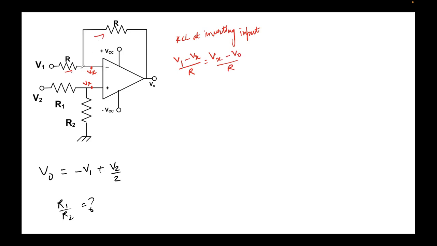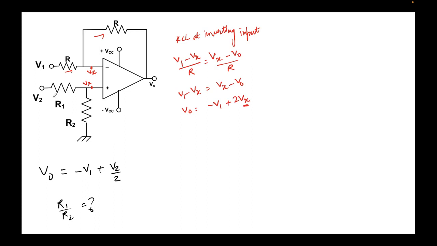So all the current that is coming here must go through here. So R and R get cancelled. I can write V1 minus Vx equal to Vx minus V0. This will give me V0 equal to minus V1 plus 2Vx.